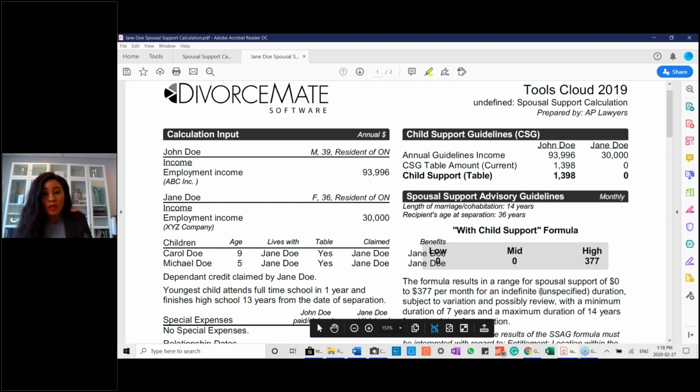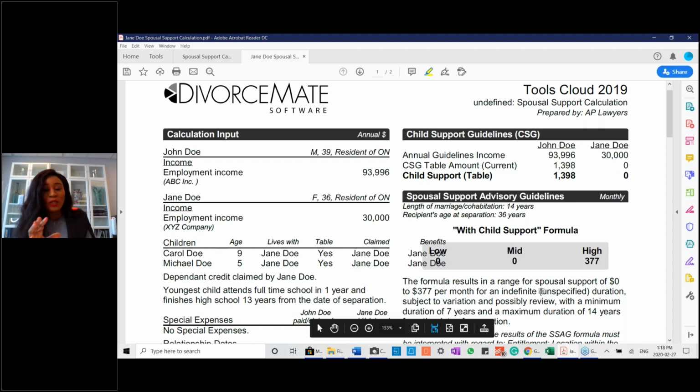On the other side of this, people sometimes request that spousal support should be calculated based on their net incomes, and that really skews things. So in this example, John Doe and Jane Doe's incomes are their gross income. You have to use the right income for that. It's their gross, not their net incomes.